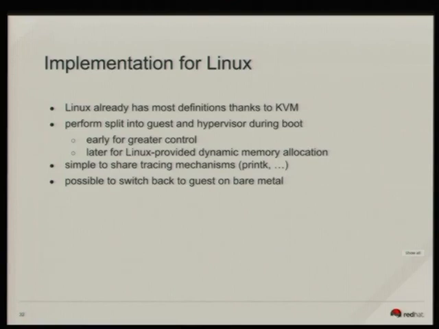So how is this implemented for Linux? We already have most definitions of those VMX structures and other useful functions like VMXON and VMLAUNCH, thanks to KVM that is in kernel implementation. So we can just include their header files and either refactor the code or copy-paste it. And then we only have to insert our entry point of self-virtualization somewhere, which is best done during boot of the guest.